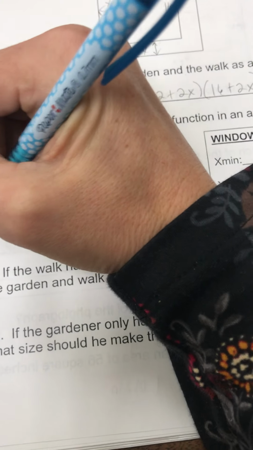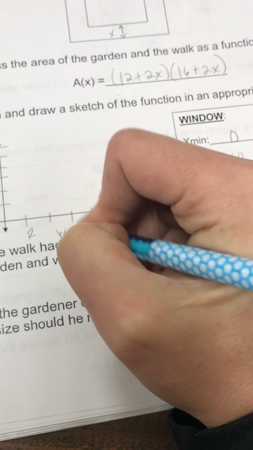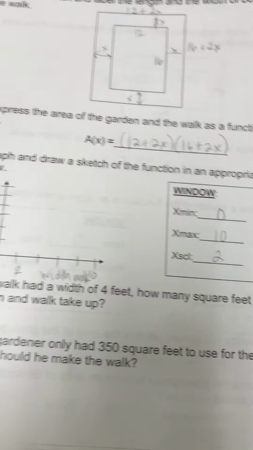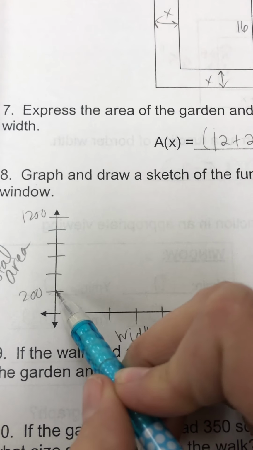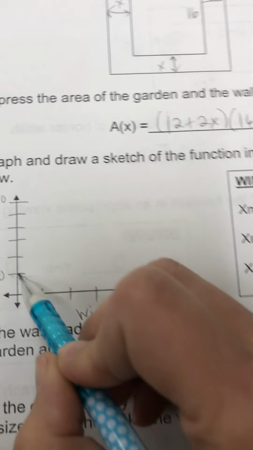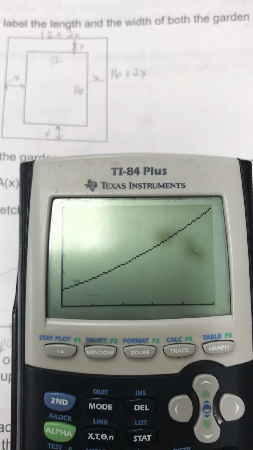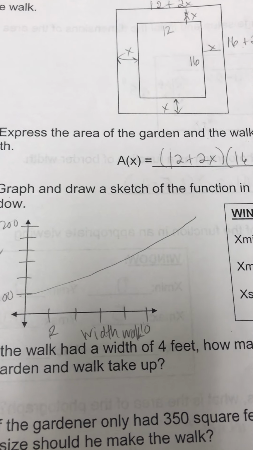This is your total area, and this is your width of the walk. So now you're going to start here at 200 and you're going to go up like this. That's kind of what it looks like. I'm kind of just making it go up. Mine probably should have gone up a little bit steeper than that.